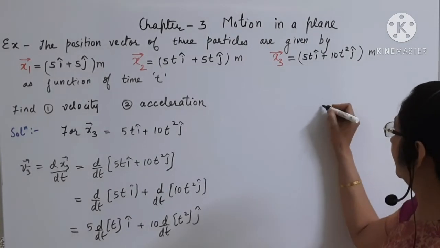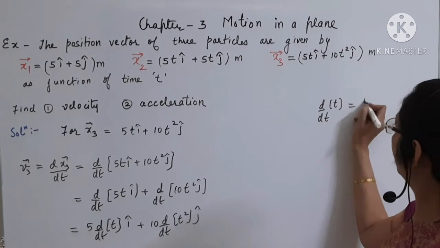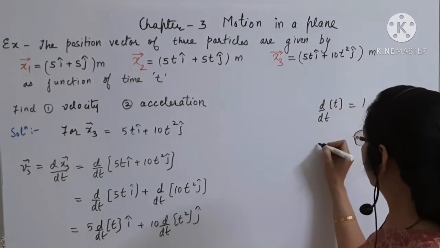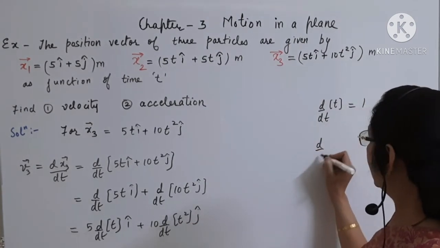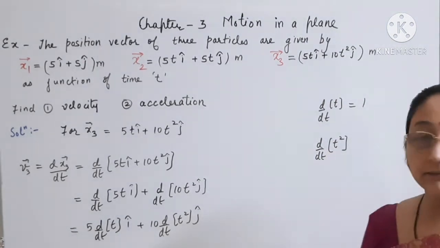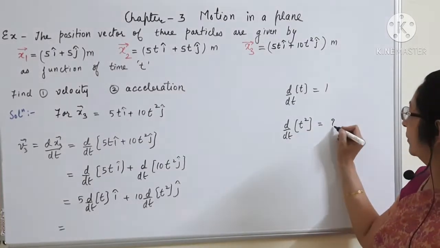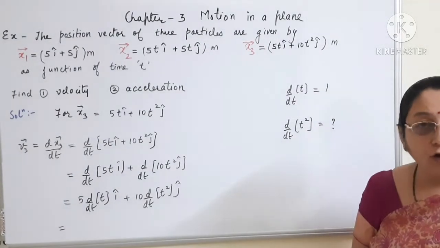Now, according to the rules of differentiation, we know that d/dt of t is 1 and d/dt of t square is equal to what? Now we have a formula.